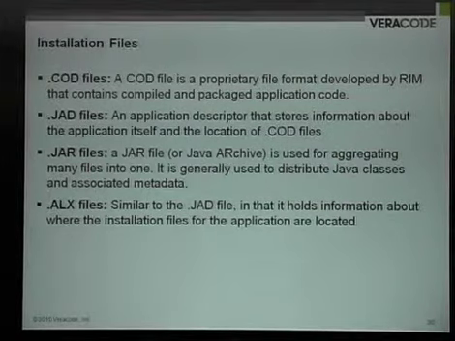Multiple classes, metadata, those types of things are in it. That's not required for the installation of the application. And then an ALX file is an XML-based application descriptor file. Very similar to the JAD, it contains a pointer to the code file along with some application metadata, and that's used for the BlackBerry Desktop Manager Java Loader-based installation of applications.